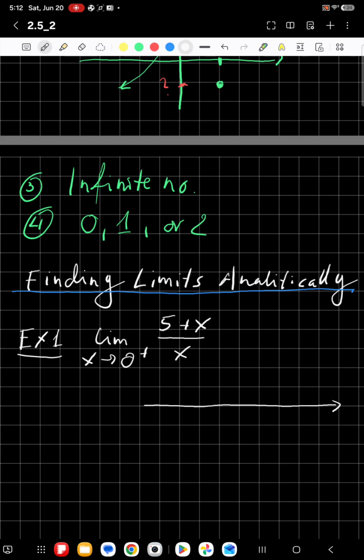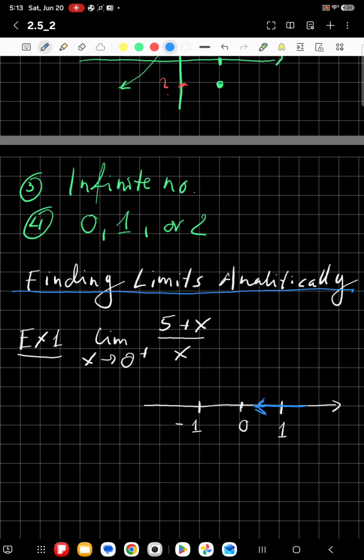This is a number line. This is 0, this would be -1, and this is +1. So what's happening? We're approaching 0 from the right, getting closer to 0.